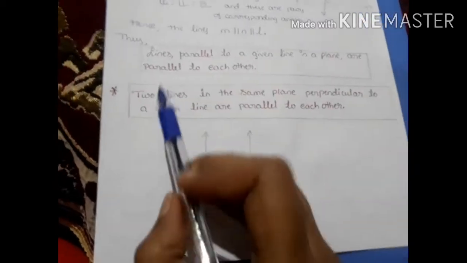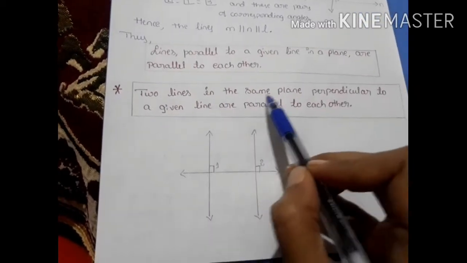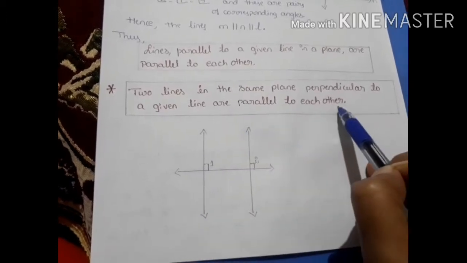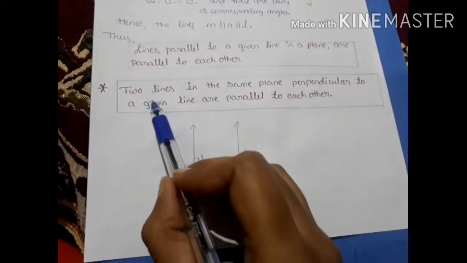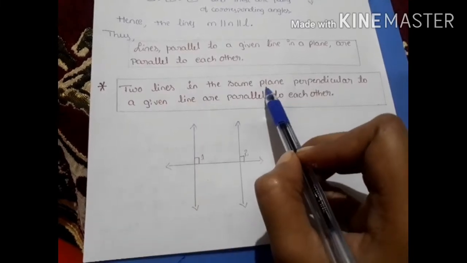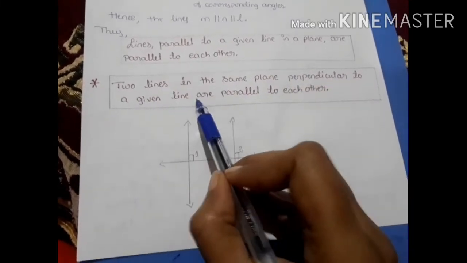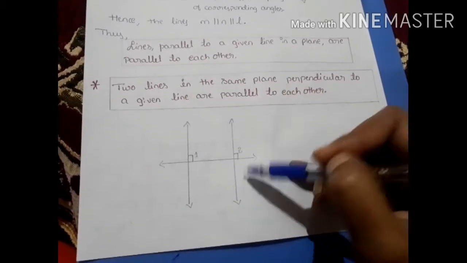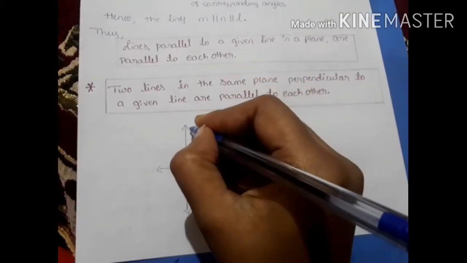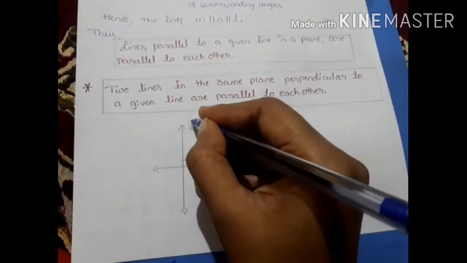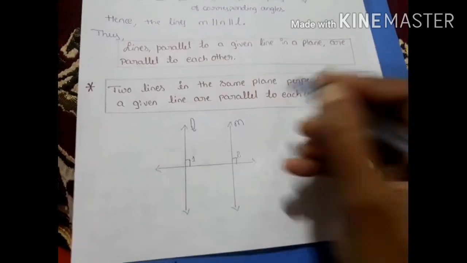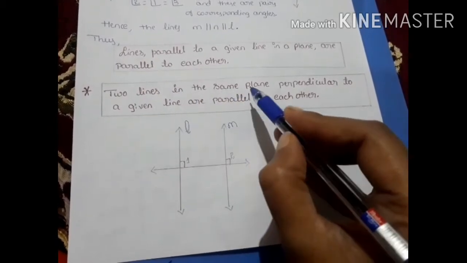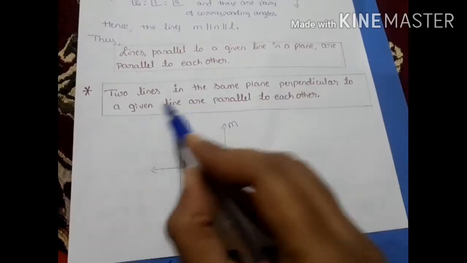Next, two lines in the same plane perpendicular to a given line are parallel to each other. Consider these two lines, and I am going to name them L and M. Two lines in the same plane perpendicular to a given line.